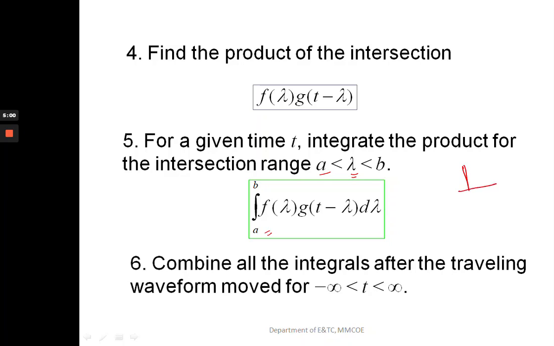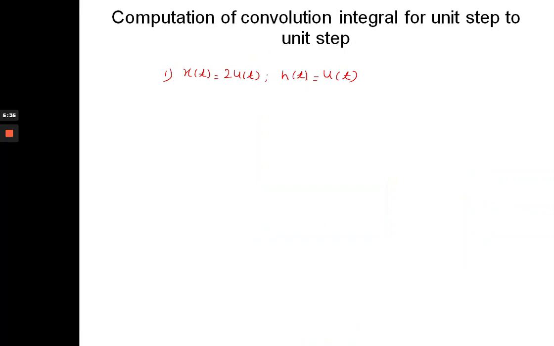For example, if the first waveform is from 0 to 2 and the second waveform, from 0 to 1, intersects with it, then the intersection starts from 0, so a is 0 and b is 1. Finally, combine all the integrals after traveling the waveform from minus infinity to plus infinity. These are the six steps, and we will follow them to find the convolution integral.